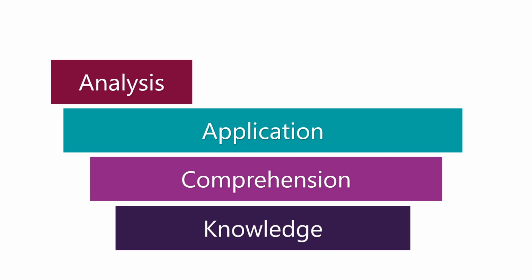Analysis is us breaking down ideas into their constituent bits and looking at them in detail. A really good example of this that we've all probably done at some point is the purchase of a mobile phone. A very cursory analysis would see us look at different phones and choose which is the one we end up buying. But actually, a more detailed analysis would require us to go into more depth.